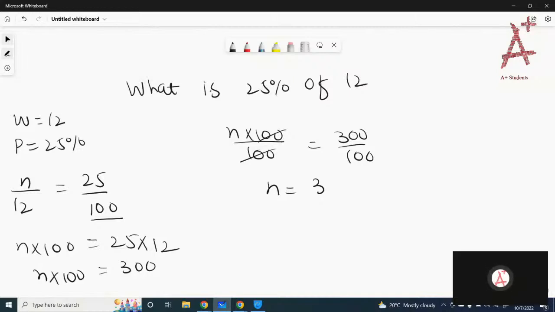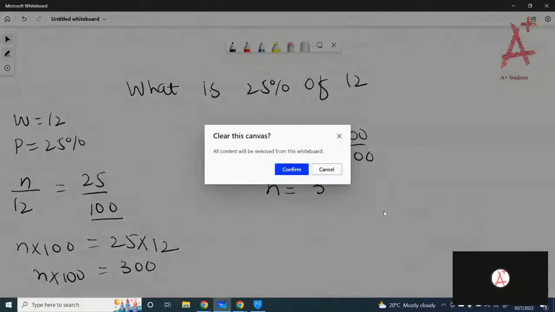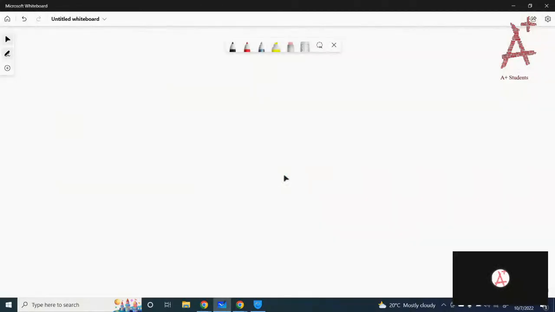Okay, let's do the next one. What is 60% of 15? So this one is the whole and this one is the percent.